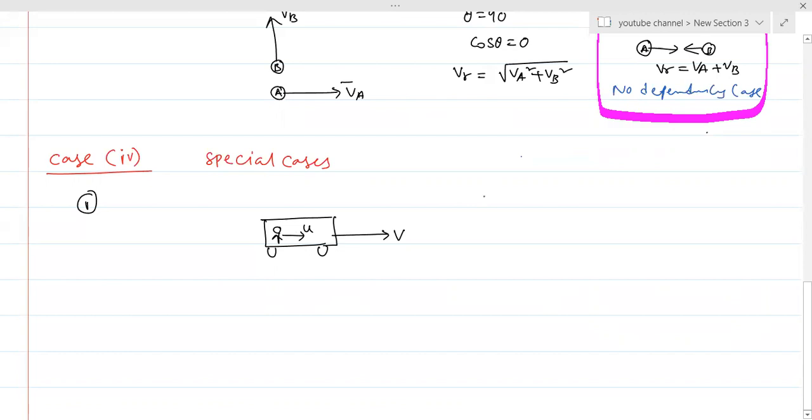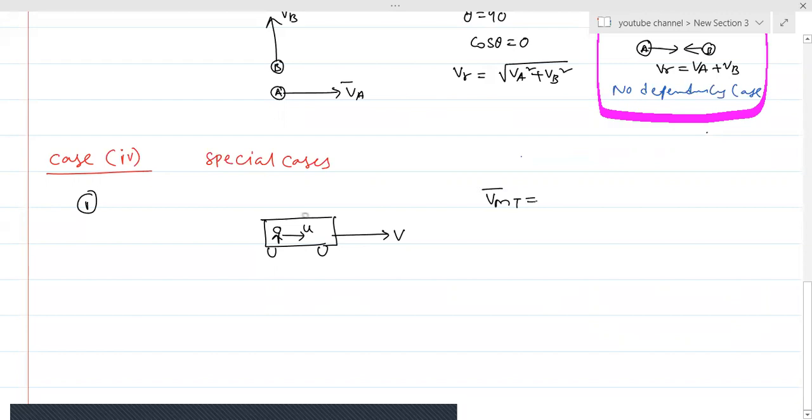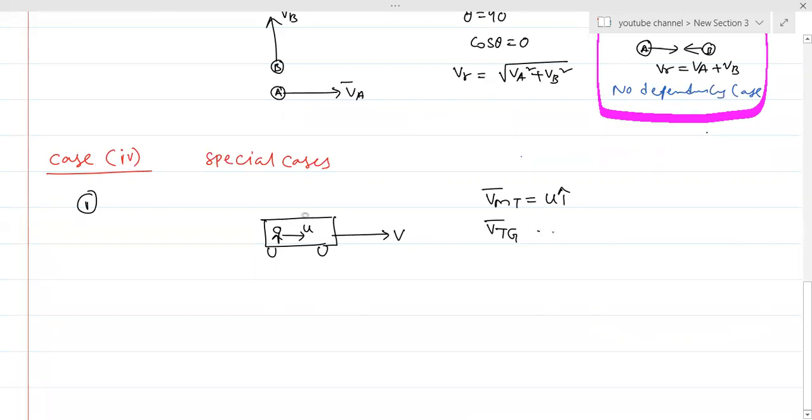So again, the velocity of the man with respect to the train is u into I cap, and the velocity of the train with respect to the ground is v into I cap.